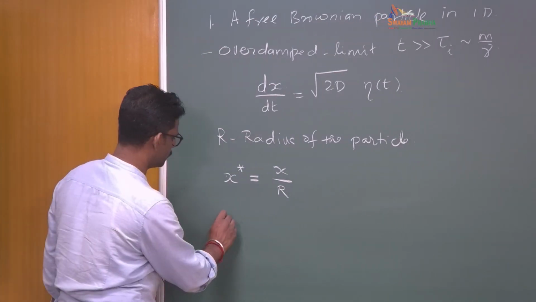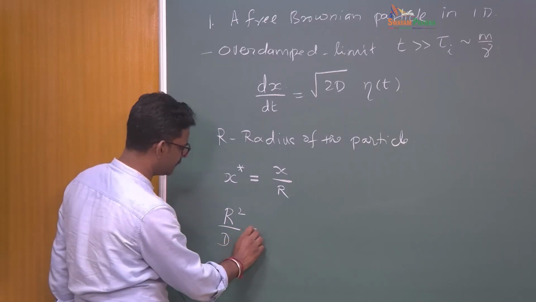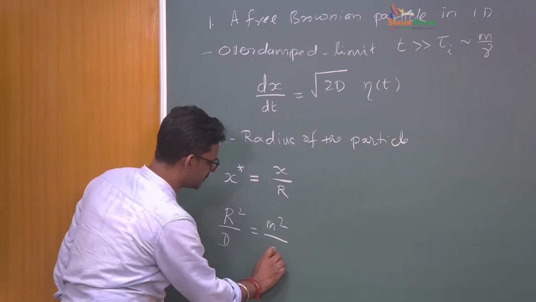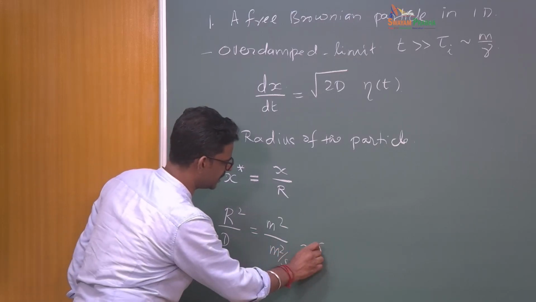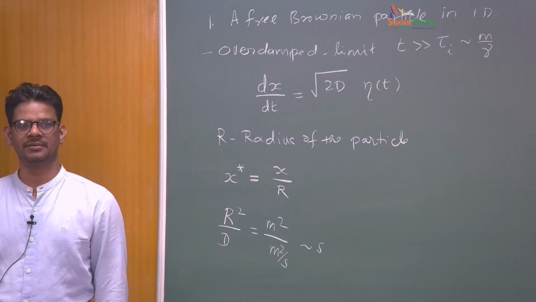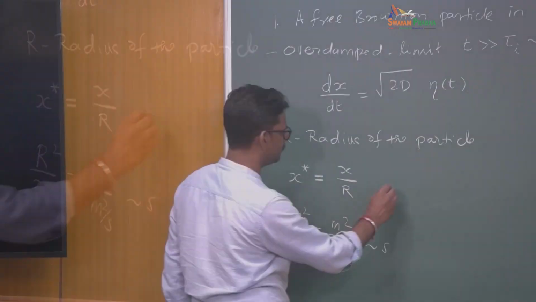So we can think of this group r square by D: in units of length, r square will be in meter square, and D is in meter square by second. So basically this comes in time units, and we can think of this as a scale for time.